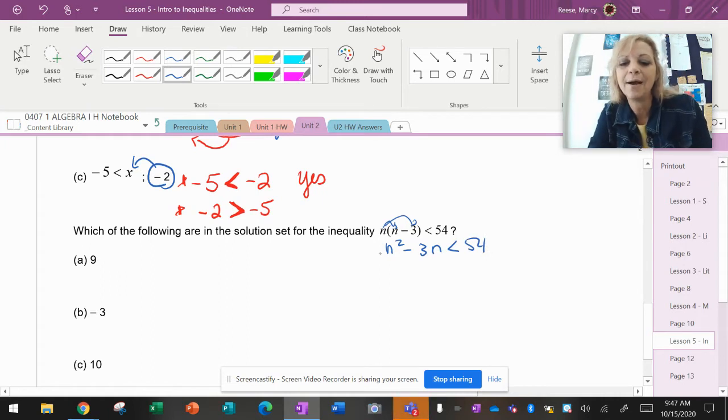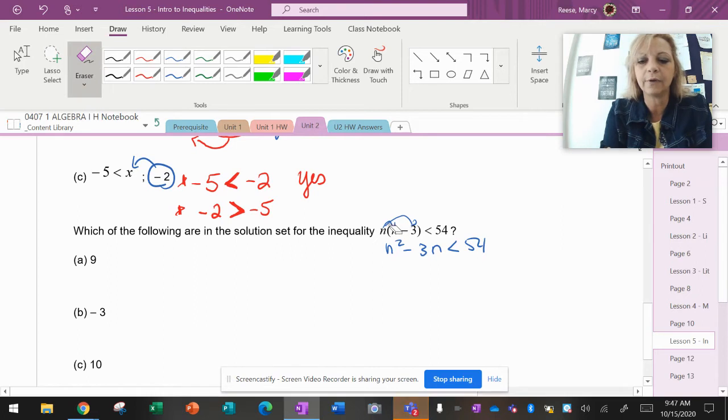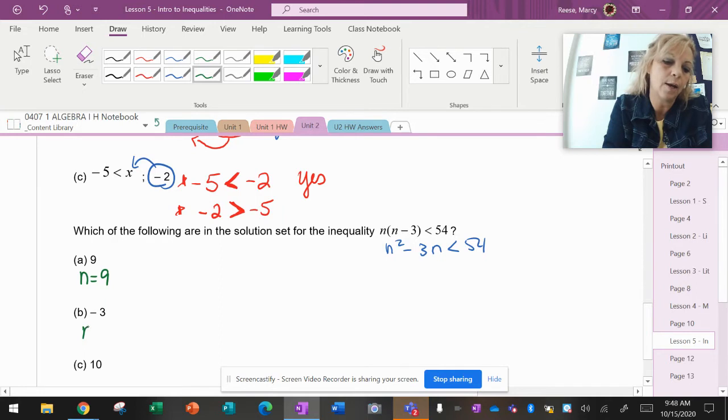This year, I see an n squared, and you can't solve for that yet. So instead, we're actually going to make n equal 9 here, and n equal -3, and n equal 10, and we're going to plug them in and try it.